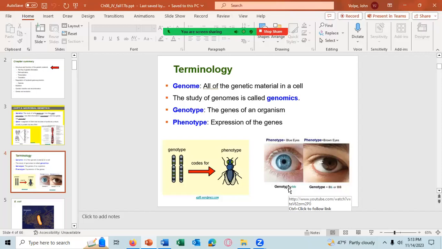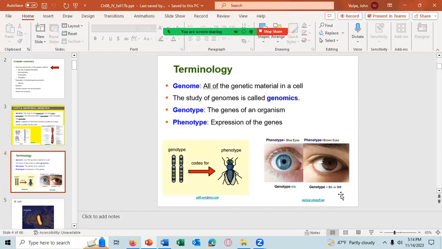And you don't need to know about that part. But the genotype for that individual will be lowercase b. The phenotype is the blue eyes, the expression of the genes. For brown-eyed individuals, of course, the phenotype is they have brown eyes. And their genotype would be either capital B, lowercase b, or capital B.